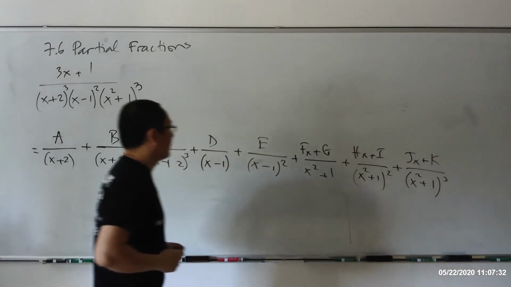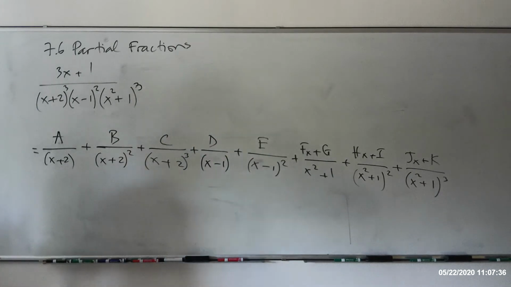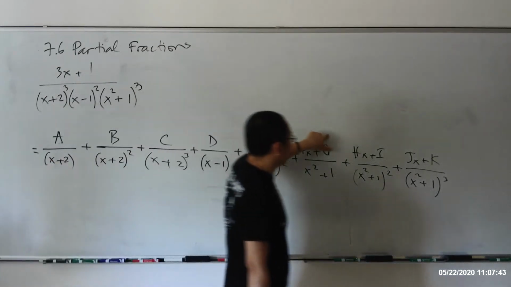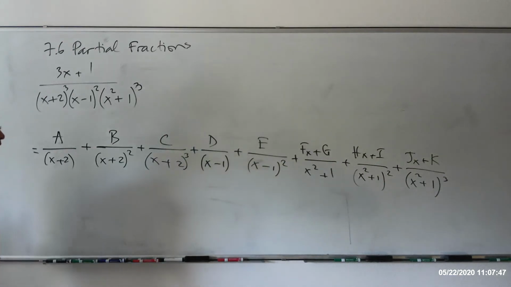All right? This is how you decompose a big fraction into the sum of a bunch of partial fractions. And you have to solve a system of 11 equations with 11 unknowns. Okay? A all the way to K. That was the idea. Of course, we're not going to do it in our clip.